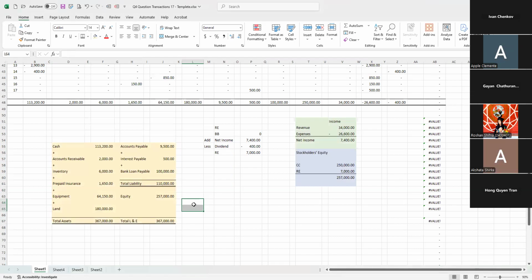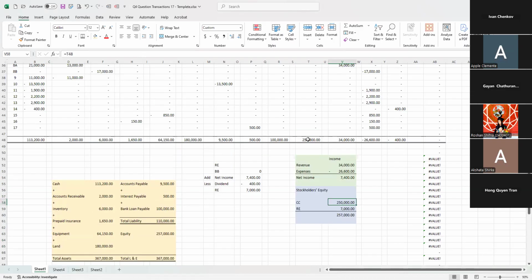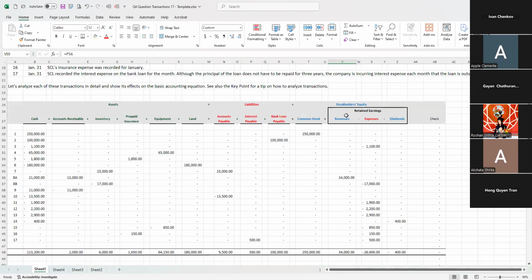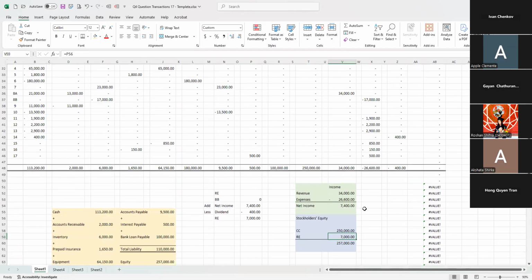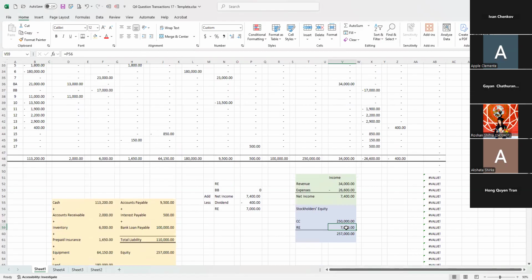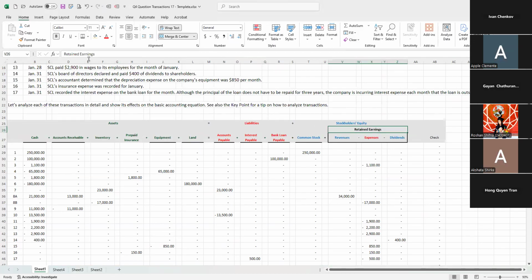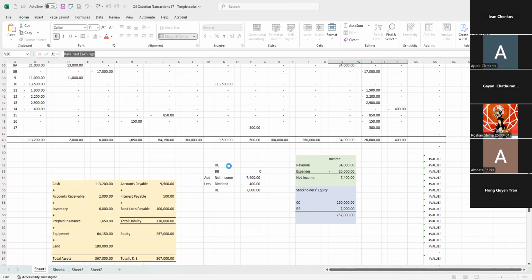Professor, how did we calculate the stockholders' equity? First we're getting the common shares, how much the owner invested initially, and then how much of the revenue, expenses, and dividend stays with the owner. So that means we have to calculate the retained earnings.